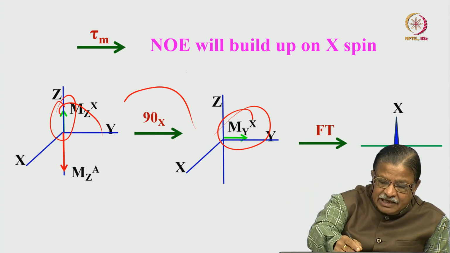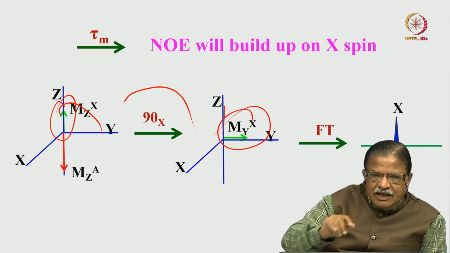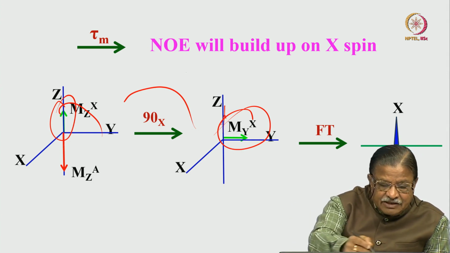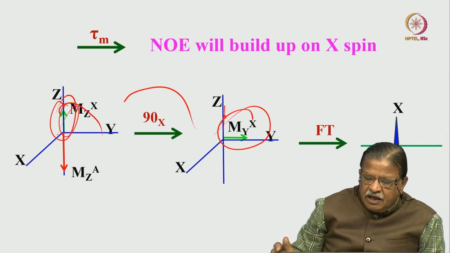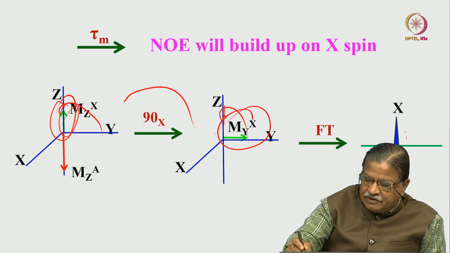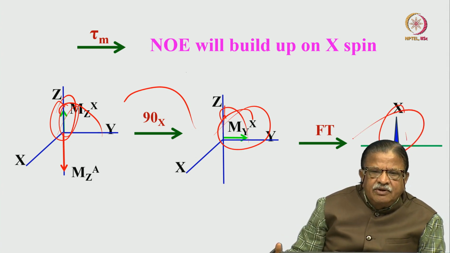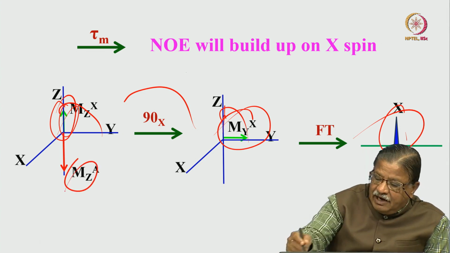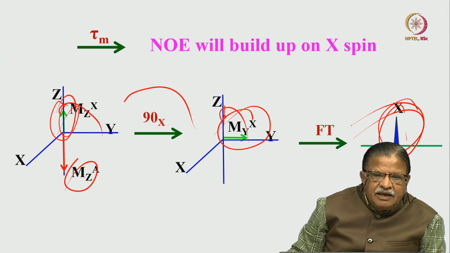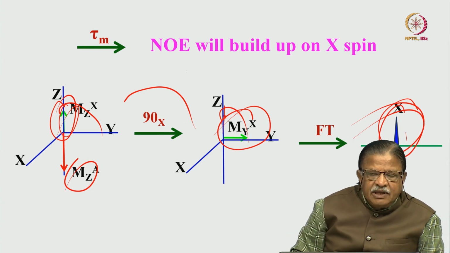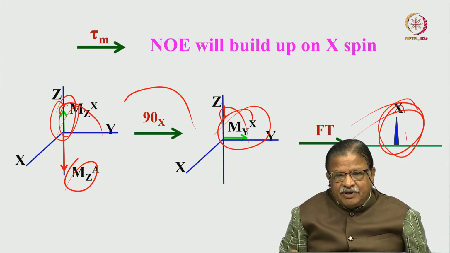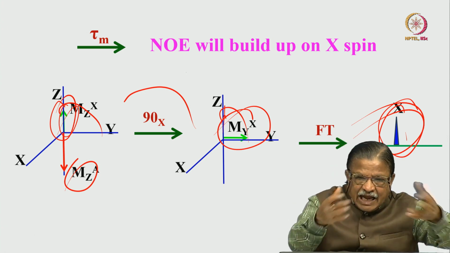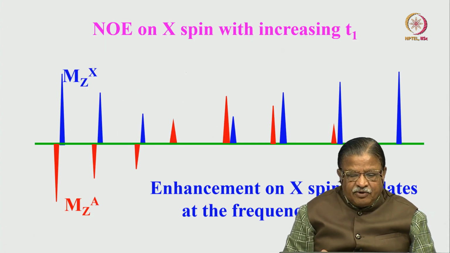That spin is also along the Z axis, and then slowly there is a build up of magnetization of the other spin. If you apply a third 90 pulse and do the Fourier transformation, you get a signal for that other spin. I inverted A, but I got a signal for X. This is what happens during the mixing time. There is a transfer of magnetization from proton A to proton X.